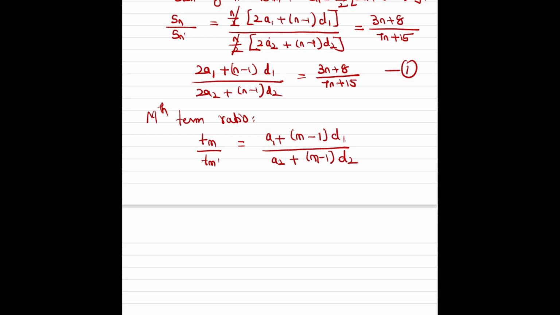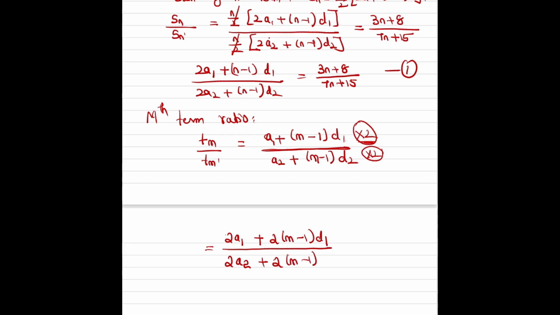So what I am going to do is multiply the numerator and denominator by 2. So now 2A1 plus 2 into m minus 1 into d1 by 2a2 plus 2 into m minus 1 into d2. This is equation 2, that is Tm by Tm dash.